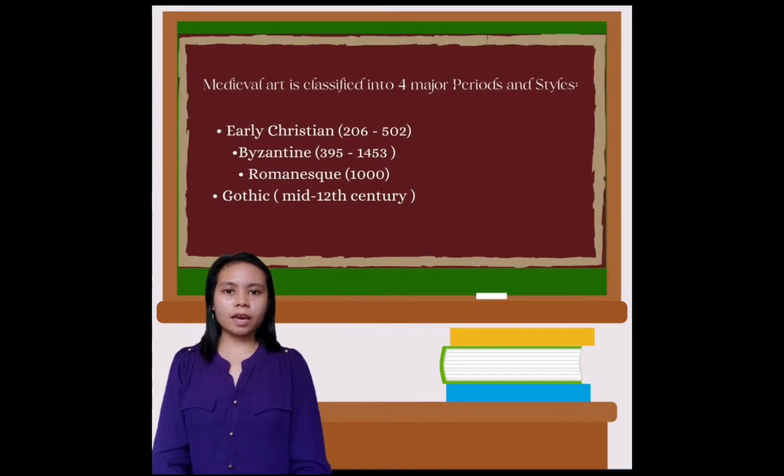Art during the Middle Ages differed based on the location in Europe as well as the period of time. However, in general, Middle Age art can be classified into four major periods and styles, namely the early Christian, the Byzantine, the Romanesque, and the Gothic.